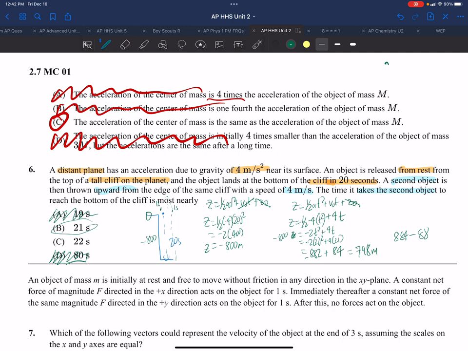Excuse me, it's 968 minus 88, which gives us 880. So clearly 22 is not the right answer. 21 is much closer to the correct answer.